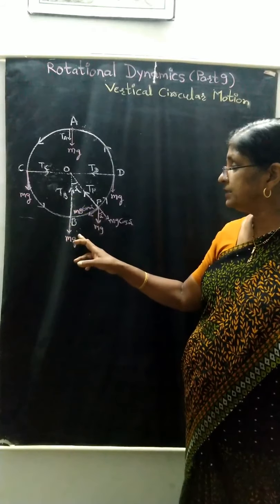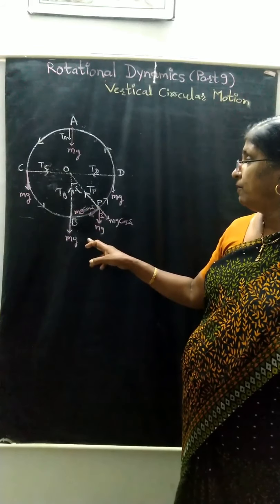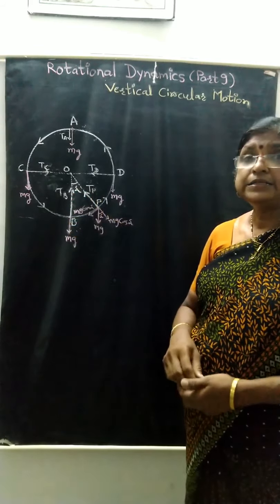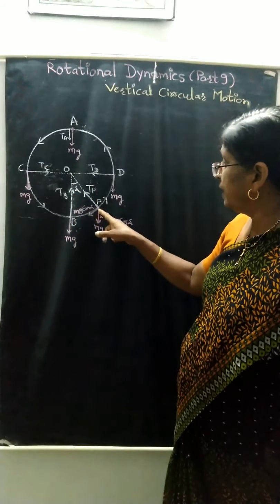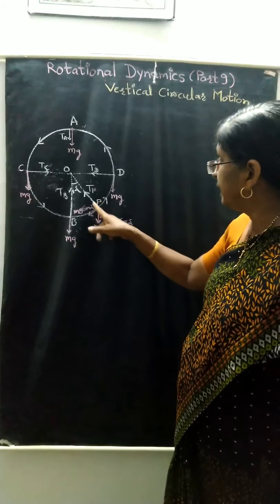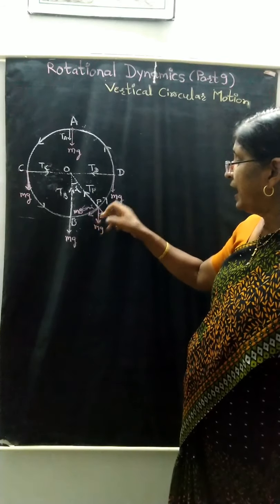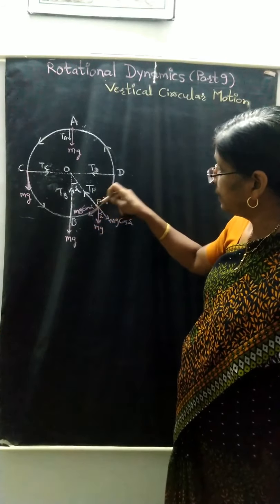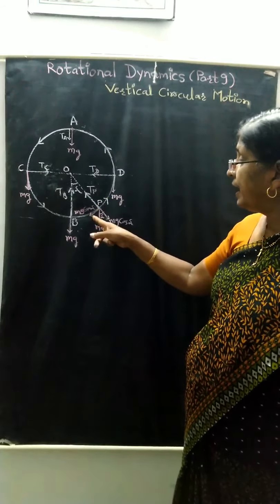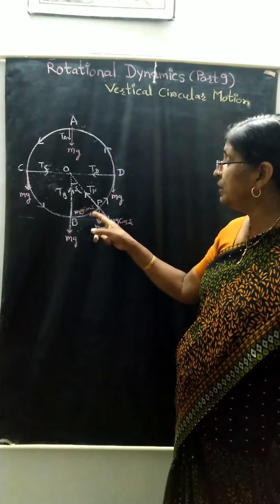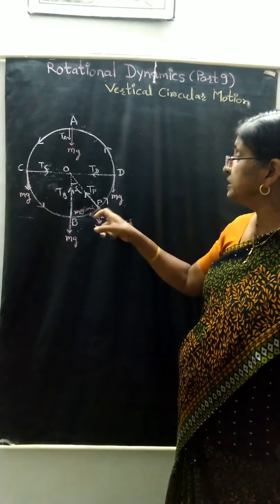The resultant of these two forces, that is the tension and the weight, will decide the necessary centripetal force here. At point P, the resultant of the tension and the weight has a part which is tangential to the circle. Hence, this tangential part of the resultant changes the speed.